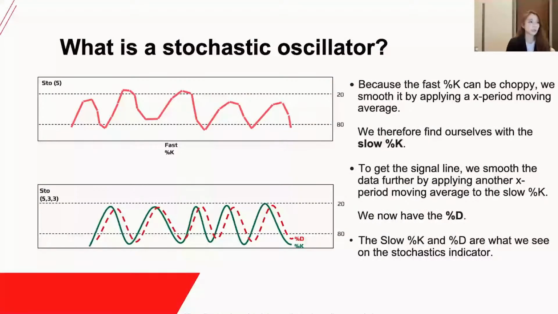We are also looking at, so stochastics has two components. You will have percentage K and percentage D, which is shown in the bottom figure.